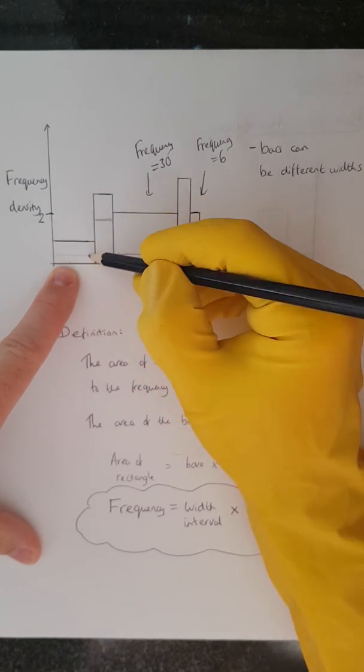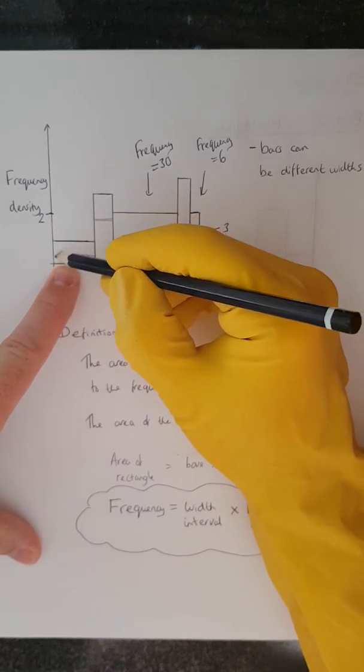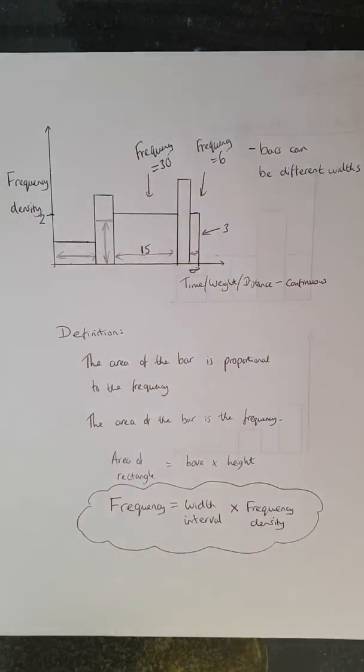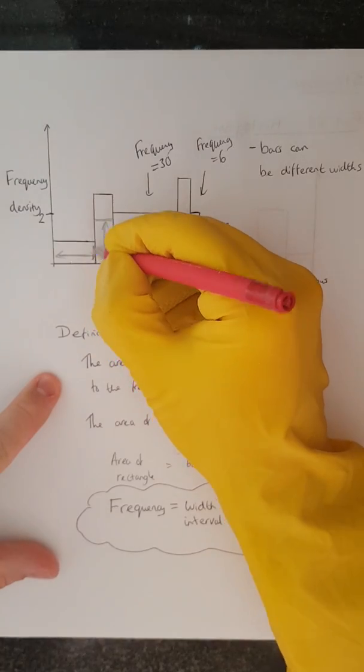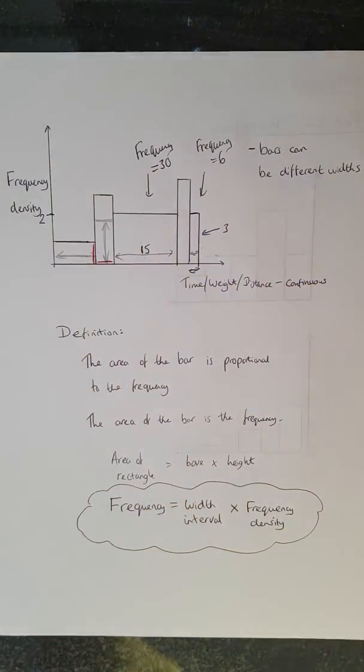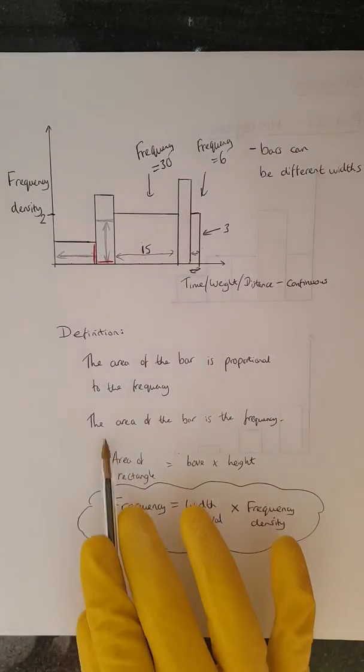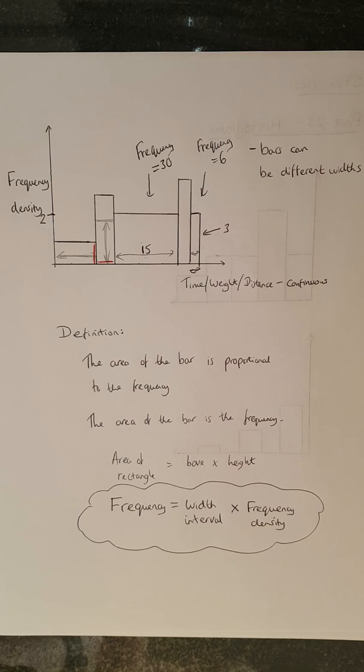That measurement there is the same as this measurement. And then this measurement is the same as this one. You'd have 2 rectangles with identical areas, and therefore you'd have 2 where the frequency matches.